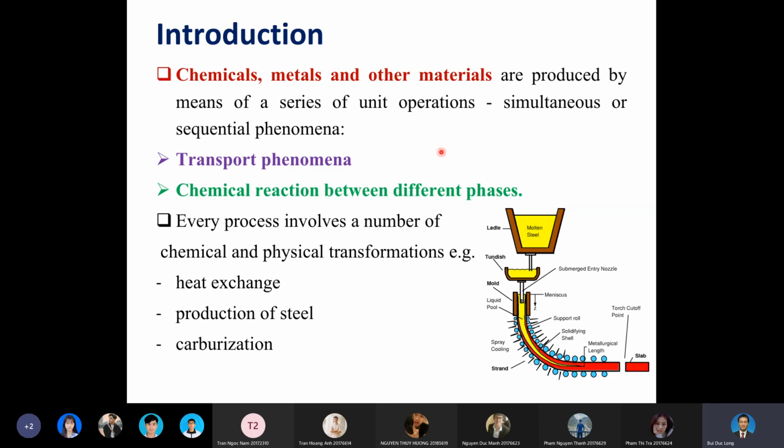That's why you have to study all these things before you can design your equipment or your process. The process can be the production of steel, a casting process, or rolling.